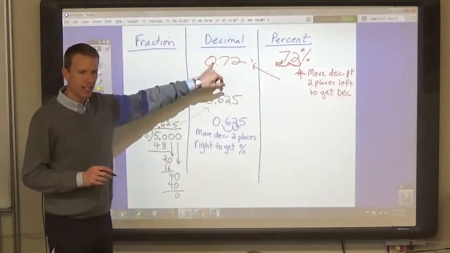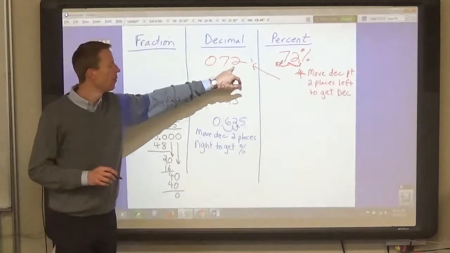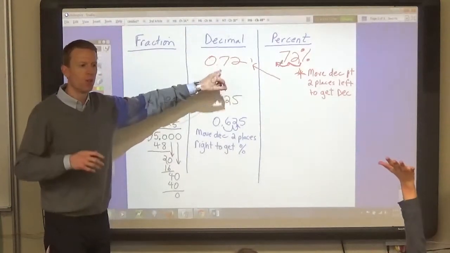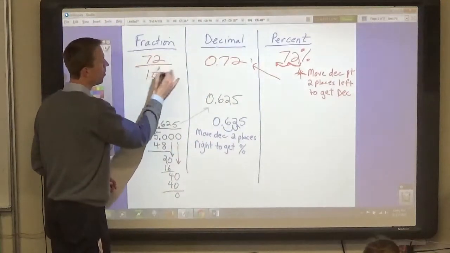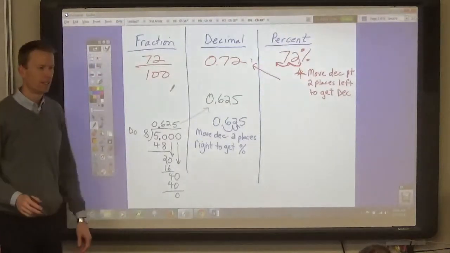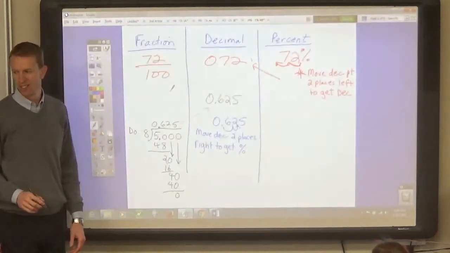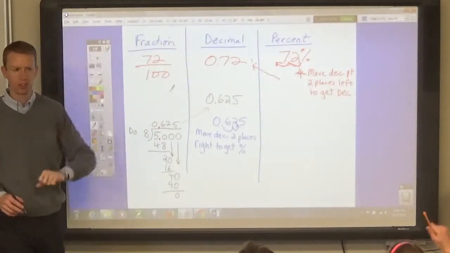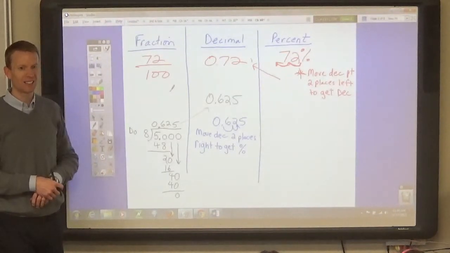Yes. Now we have to write this as a fraction. Quiet, please. How would we read this? 72 hundredths. And you write 72 over 100. Then reduce it. Divide by 2. What would that be? 36.